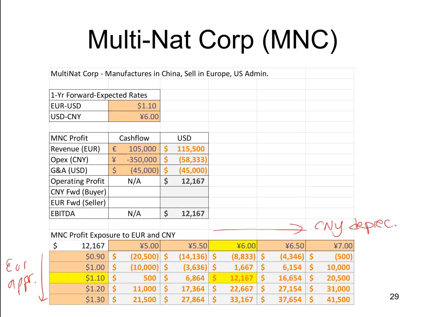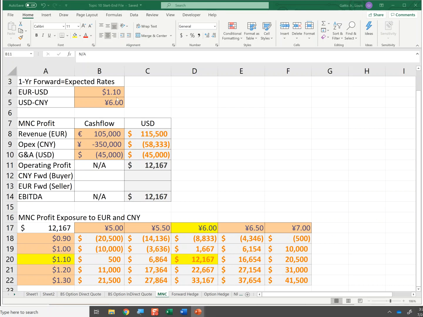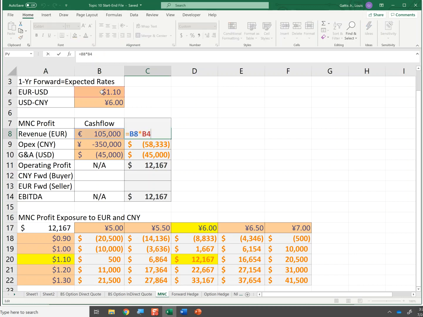So I'll go to the spreadsheet, and here is the expected exchange rate 1 year from now, $1.10 per euro and 6 yuan per dollar. My revenue is expected to be 105,000 euros next year. I'll convert that into dollars at $1.10.